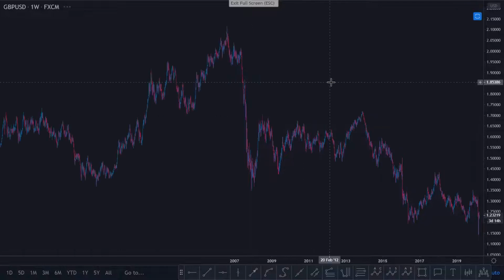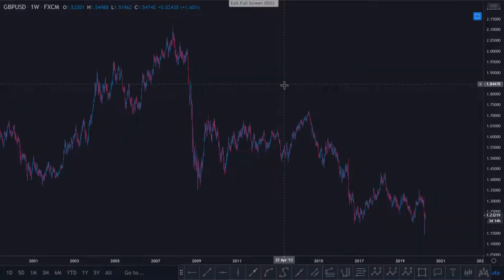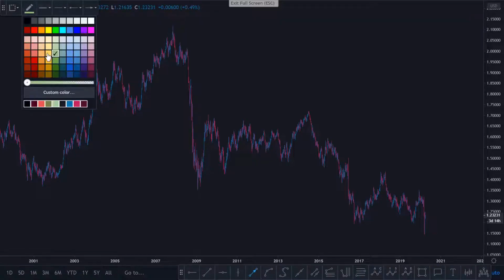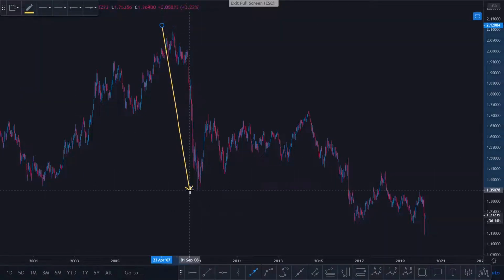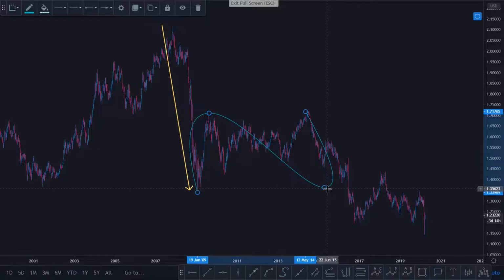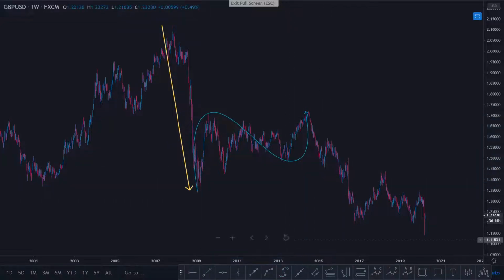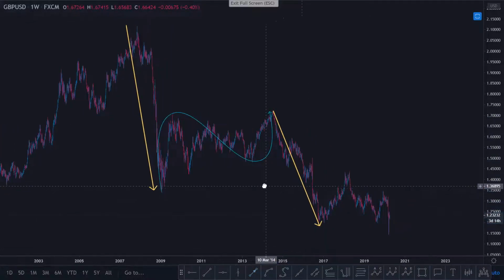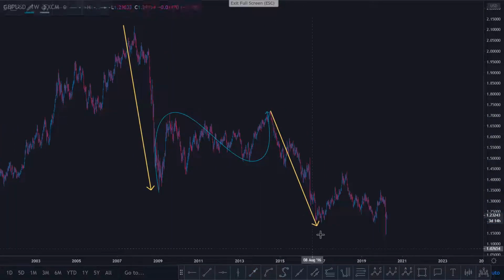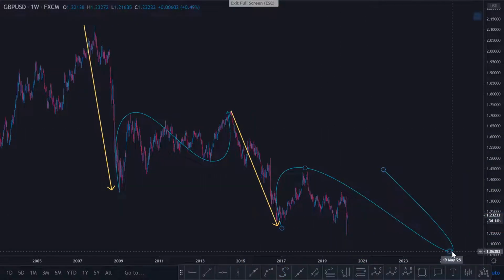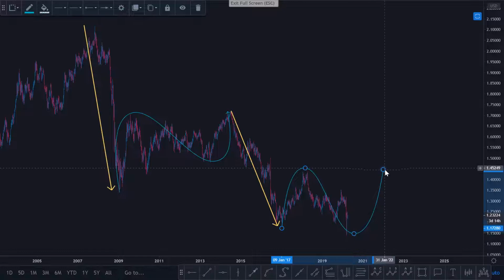So this is the pound dollar weekly chart. And I'll show you now what we have: an impulse to the downside, corrective price action, and an impulse to the downside, followed by what we're currently experiencing at the moment, further corrective price action.